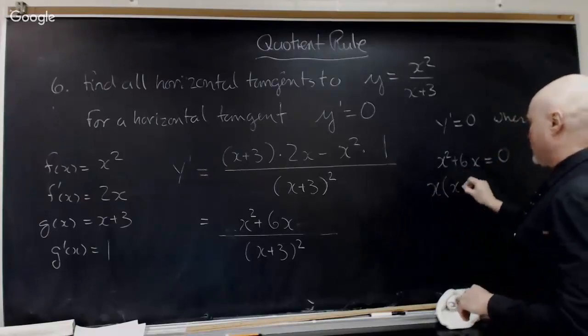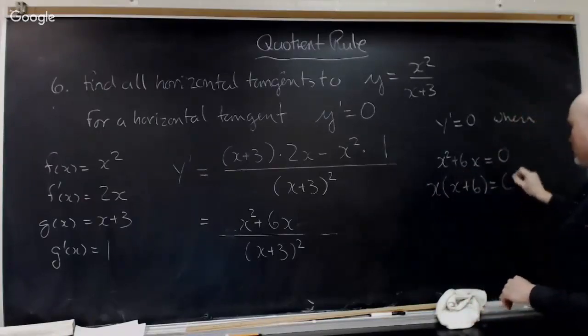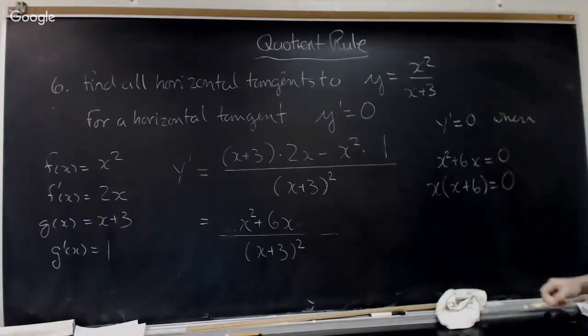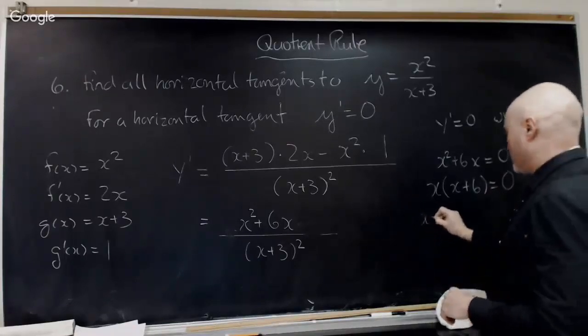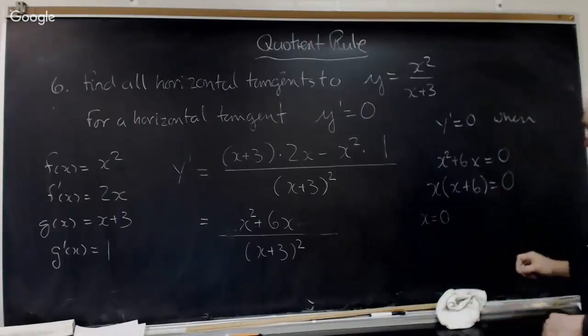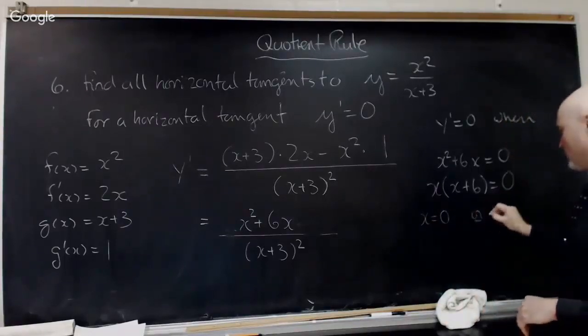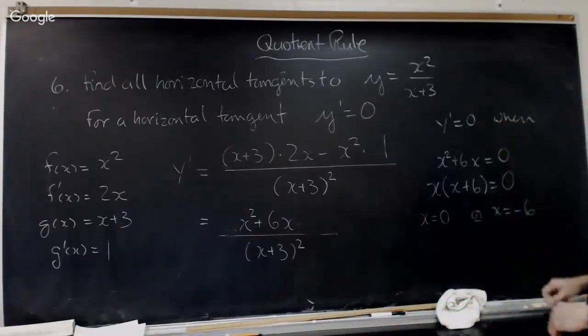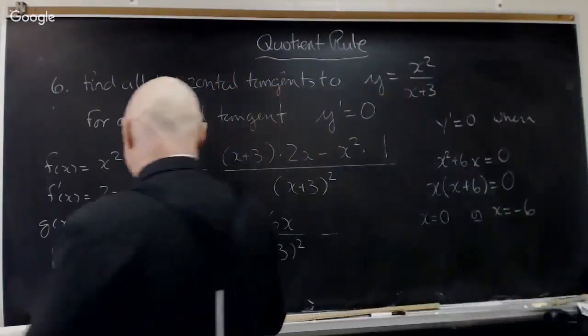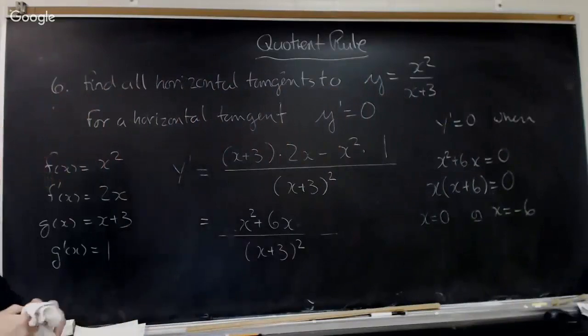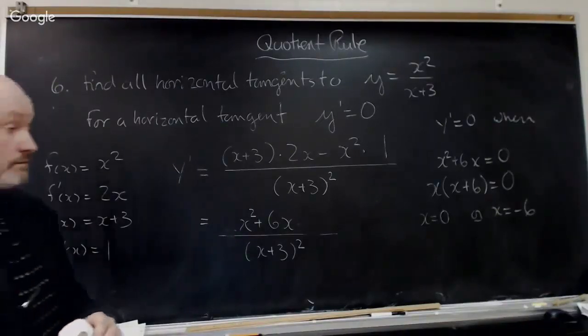I go to my old friend, factoring, and I factor it. And so this whole thing is going to be equal to 0 when x is equal to 0, or when x is equal to -6. So these are my two locations where the tangent will be horizontal.